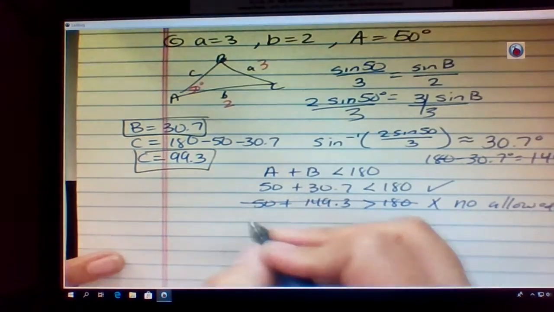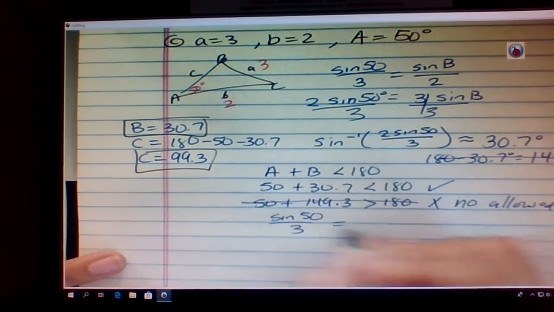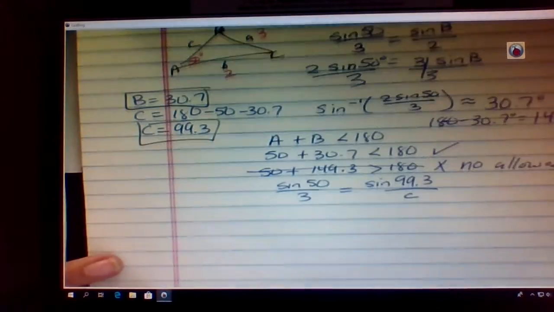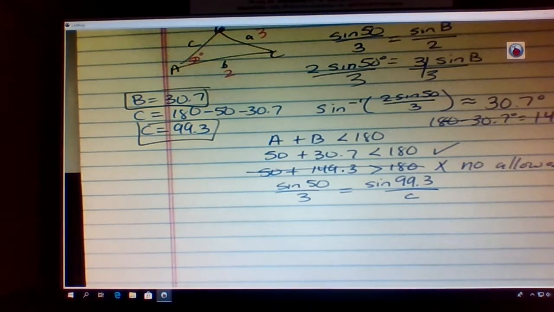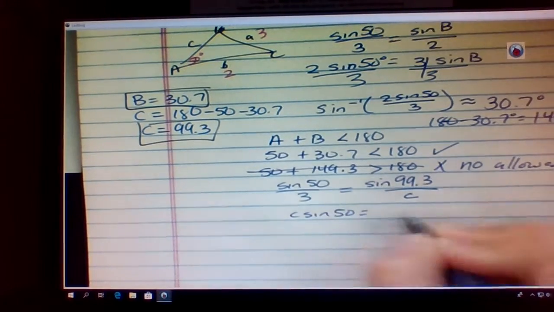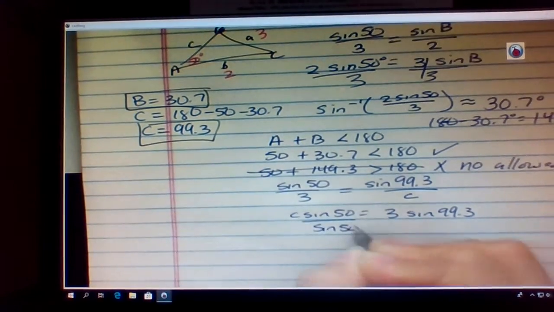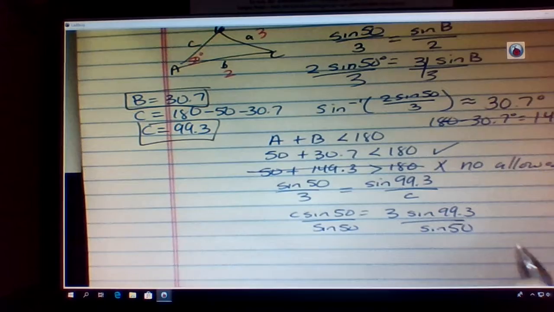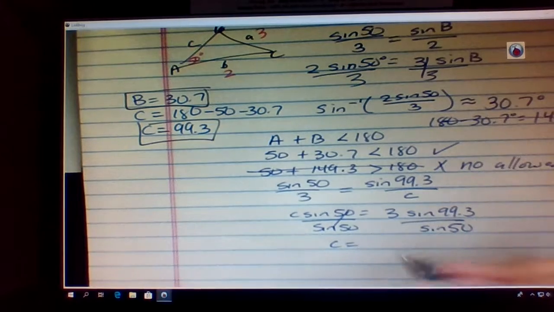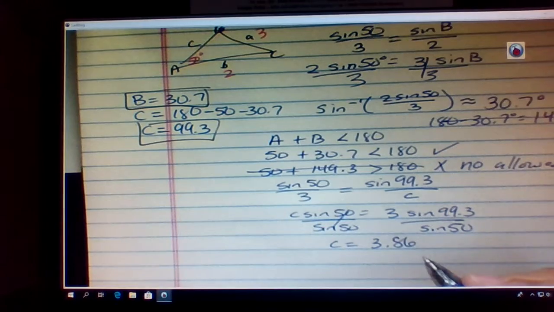So I'm still going to use sine of 50 over 3 equals sine of 99.3 over c. And then you cross multiply. So c sine of 50 equals 3 sine of 99.3. Divide by sine of 50. And c is, when I put that in there, 3.86. So I have found all 3 parts.